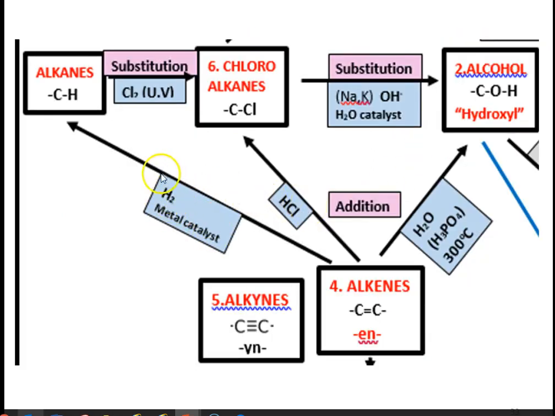Okay, so we've done it with bromine, which are the two things that are the same. If you did it with hydrogen, you need to remember that you need a catalyst, a metal catalyst, to help you. If we do it with hydrochloric acid, so if you add hydrogen, you turn an alkene into an alkane.